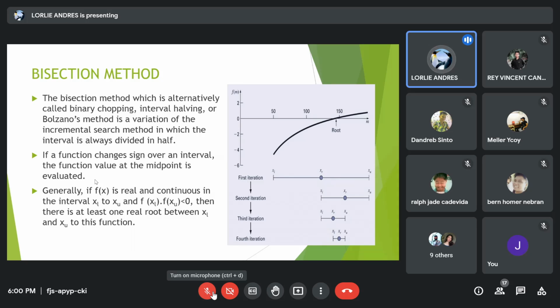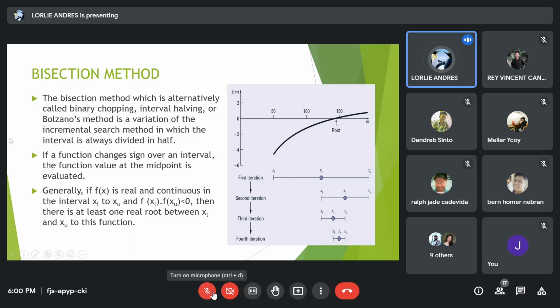Okay. To get our approximate root value in the bisection method, what it does is add the two initial guess values and divide by 2.